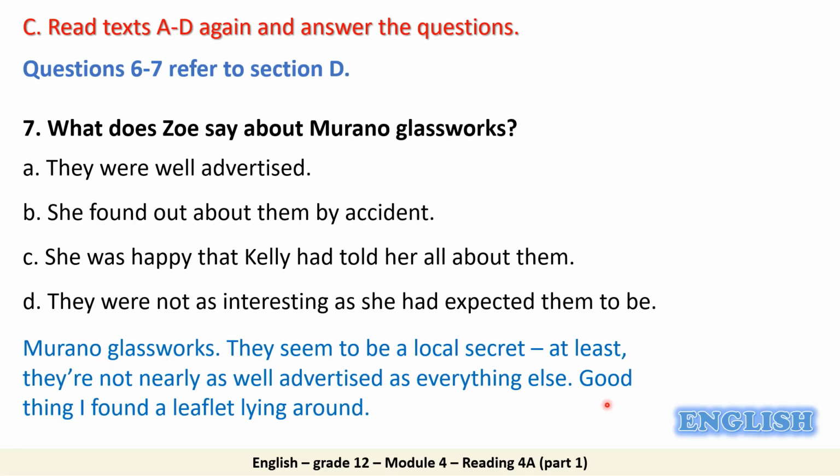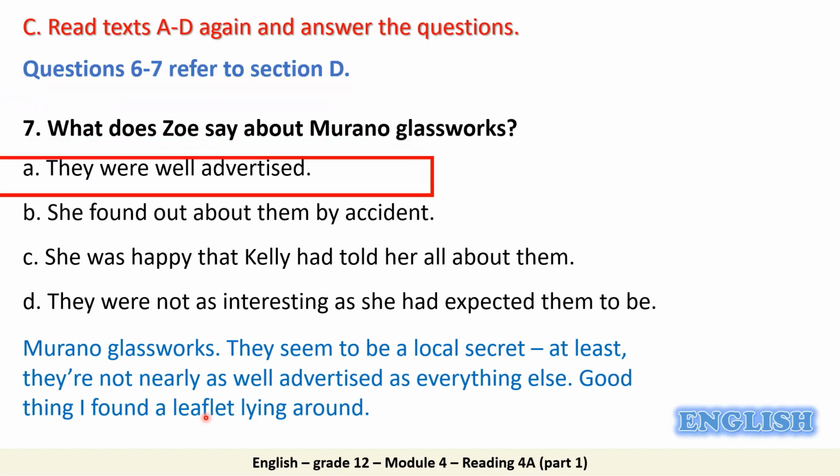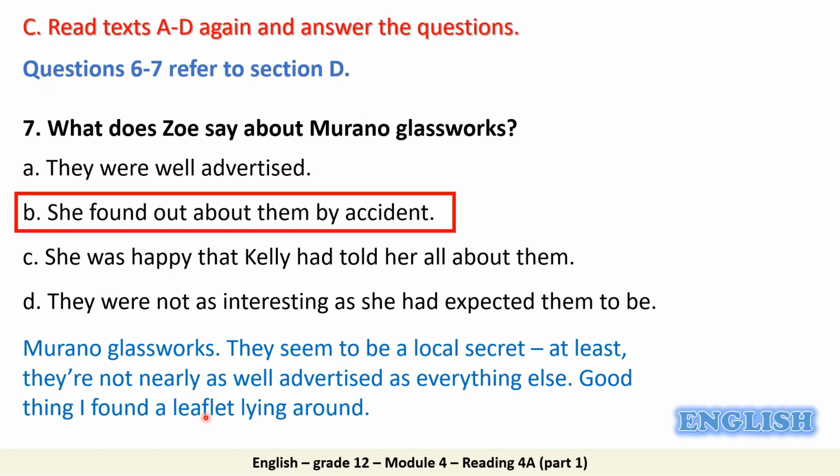So, if she hadn't found the leaflet, she wouldn't have seen the Murano Glass Works. This makes B the answer to this question, and she found out about the Murano Glass Works by accident, only because she found the leaflet lying around.